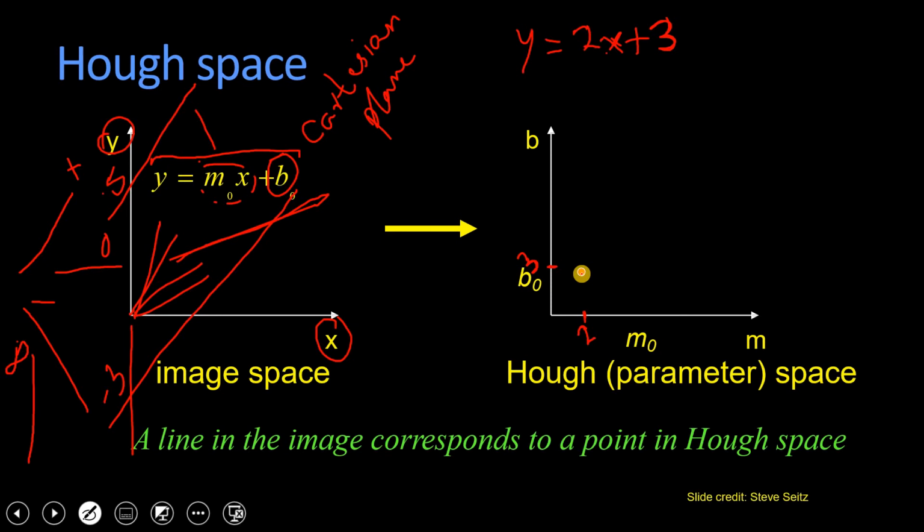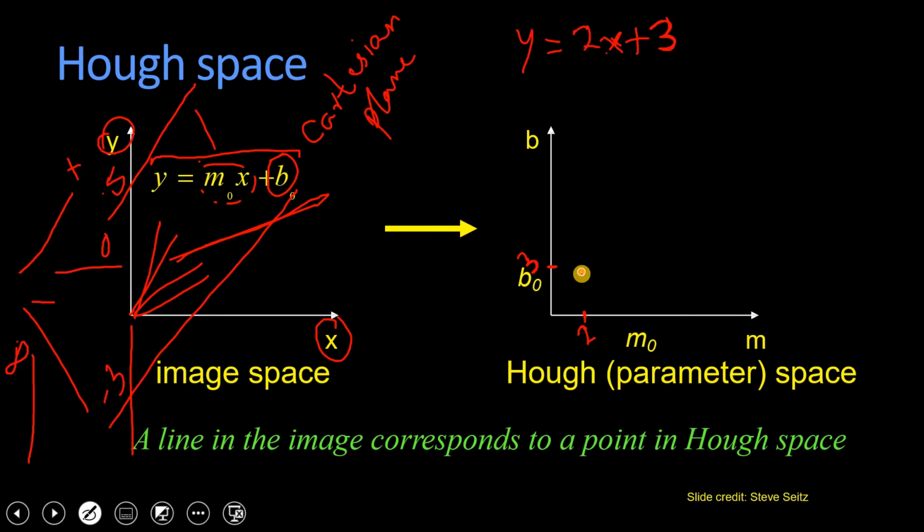So what effectively is happening is that a line in the normal image space, I can represent the same line here in the Hough space, or the parameter space, as a dot. Feel free to pause the video and think over this very important concept. This is a new type of representation.